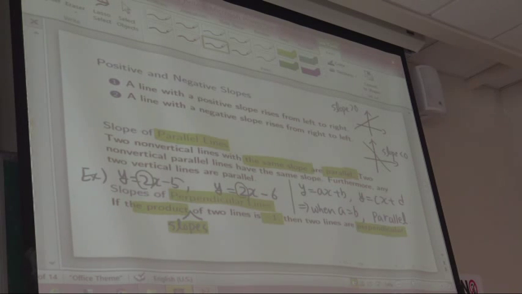When you draw perpendicular lines, one line looks like this, and the second line looks like that, and they meet at a right angle. That's perpendicular.